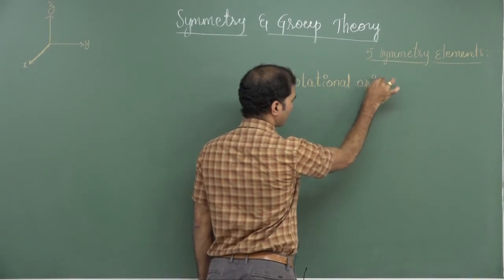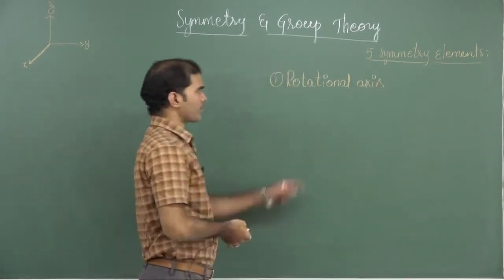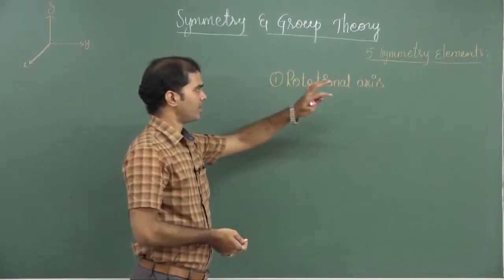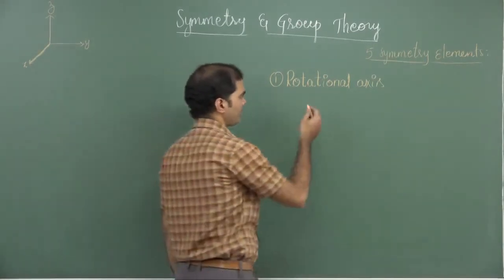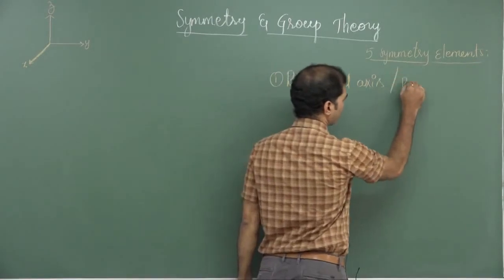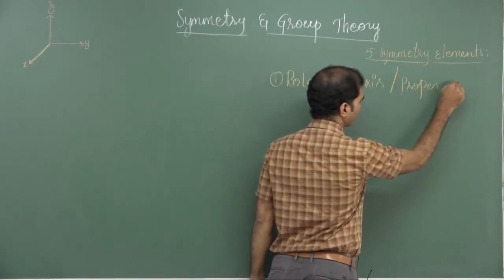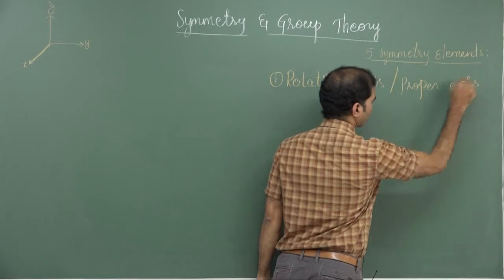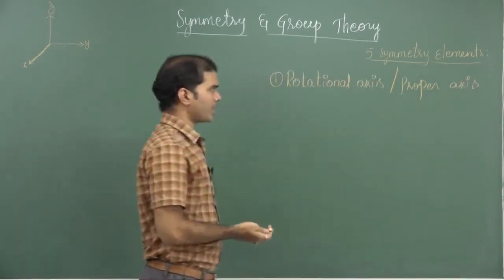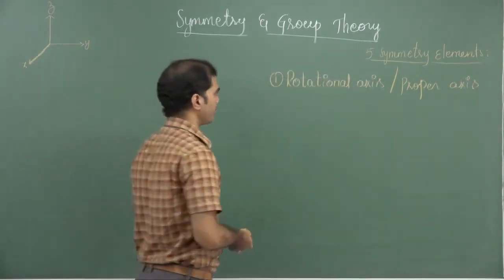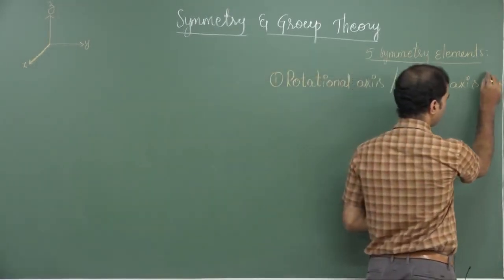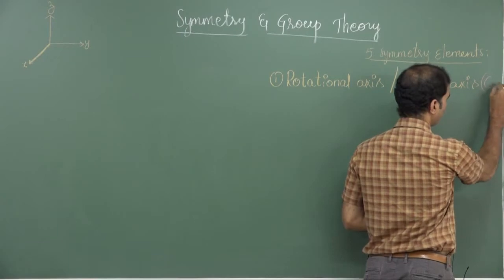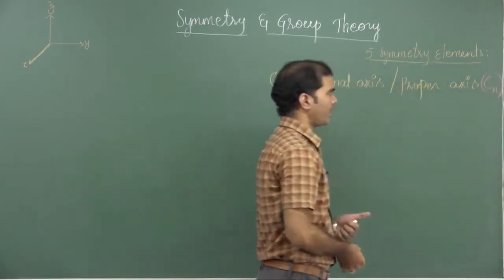rotational axis of symmetry. We need not write the full axis of symmetry, I am simply writing rotational axis or proper axis of symmetry. Whether you say rotational axis or proper axis of symmetry, this particular symmetry element is simply denoted by Cn.